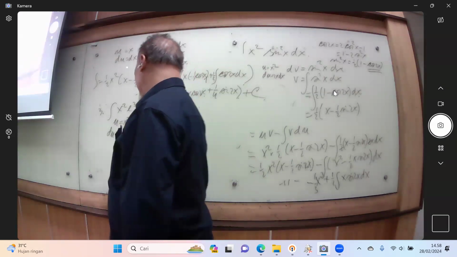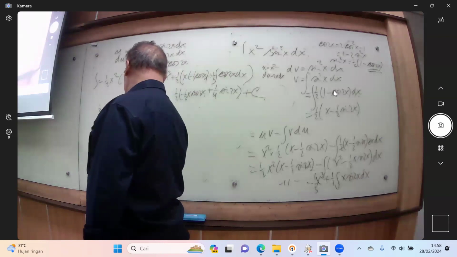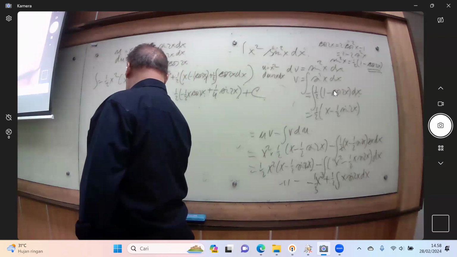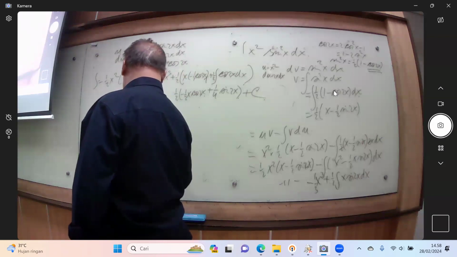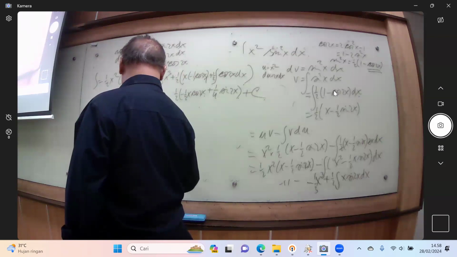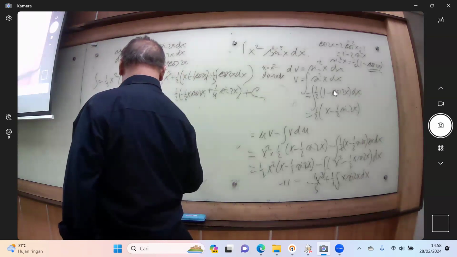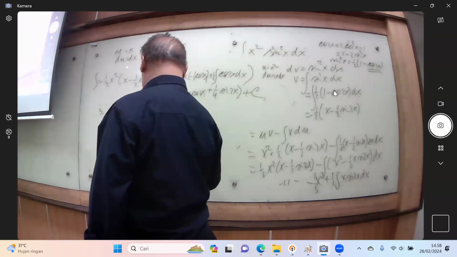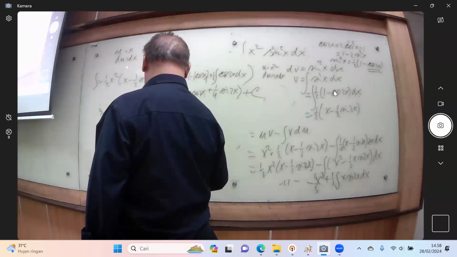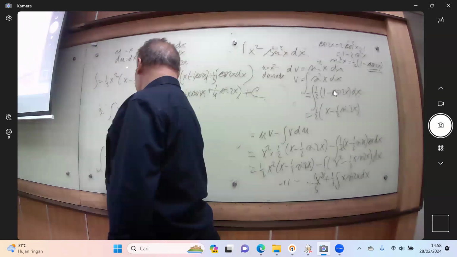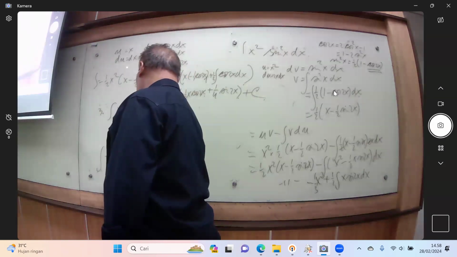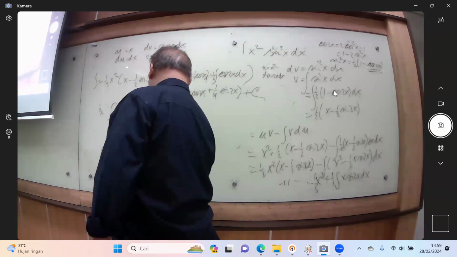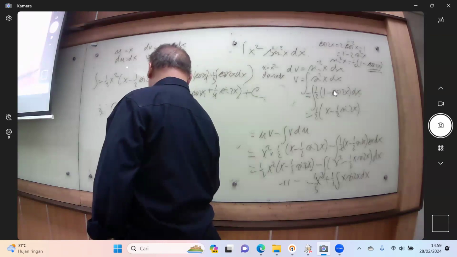So the integral now is x squared times 1/3 e power of 3x minus the integral of 1/3 e power of 3x multiplied by 2x dx.